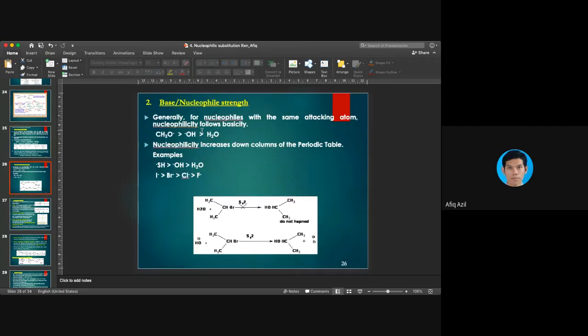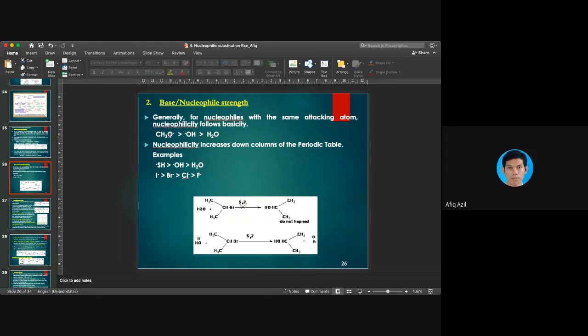Then based on nucleophile strength, normally the strong nucleophile will make the reaction proceed via SN2, while weak nucleophile, like for example water, the reaction will normally proceed via SN1. Example of strong nucleophile is this alkoxy group. Alkoxy is RO minus. R can be CH3O, so if it is like this, we call it methoxy group, and hydroxy.